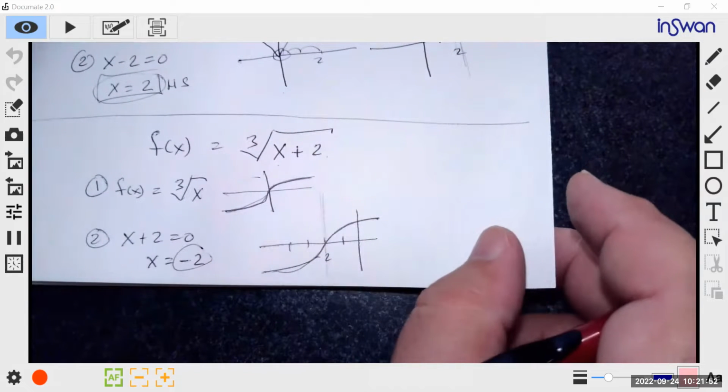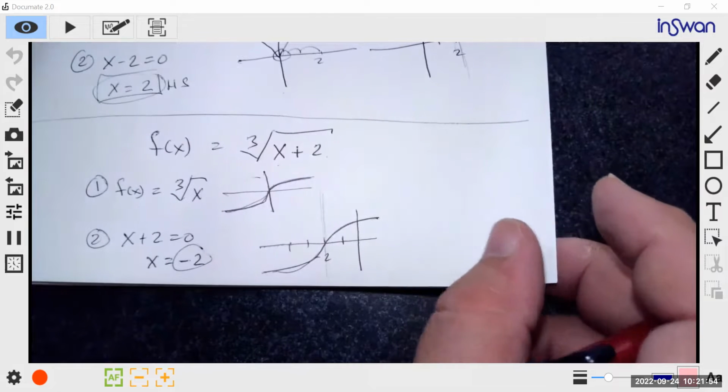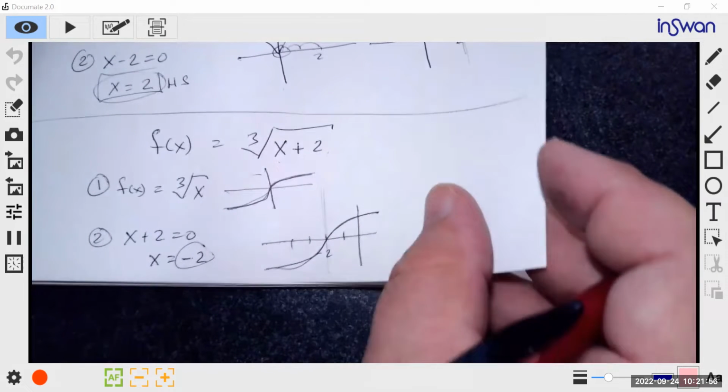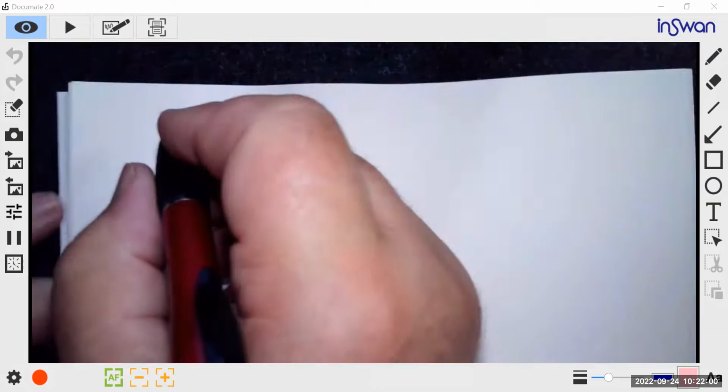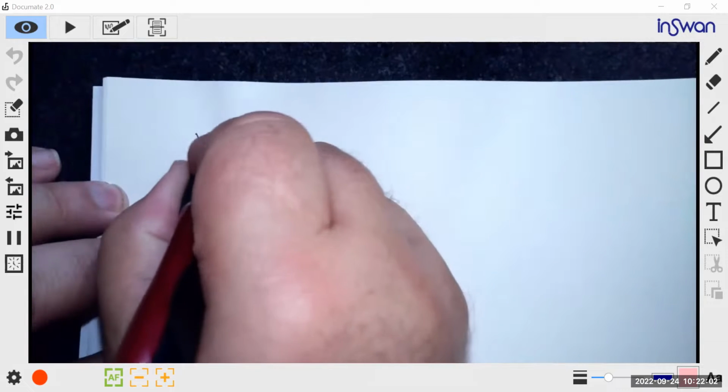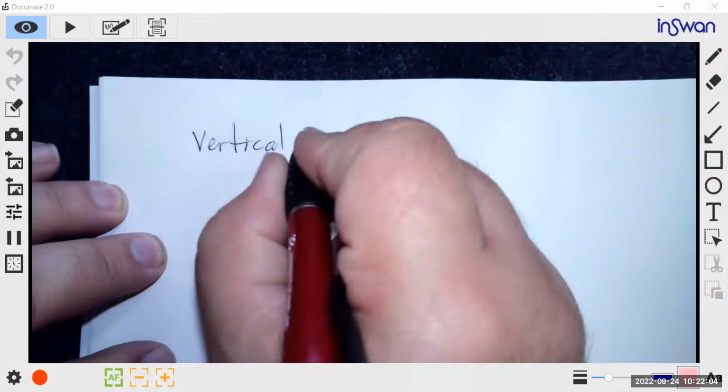So that's a horizontal shift. It happens inside the function. Next, we have a vertical shift.